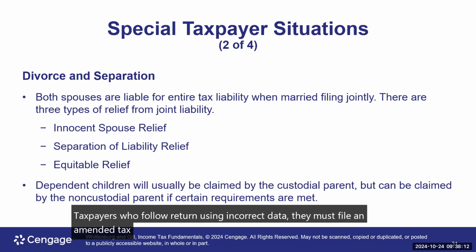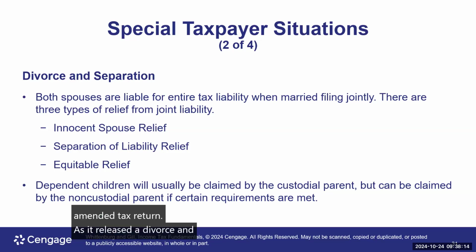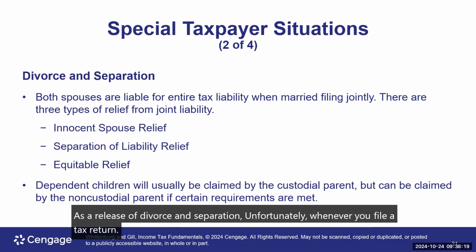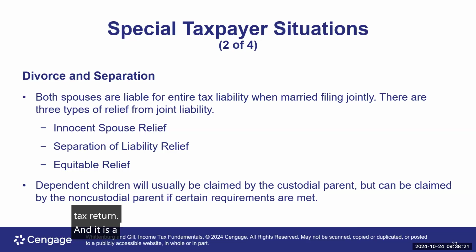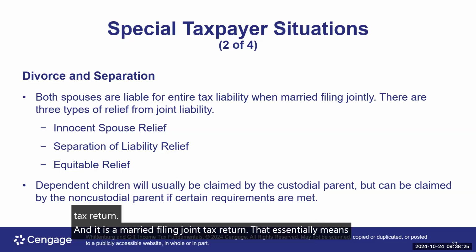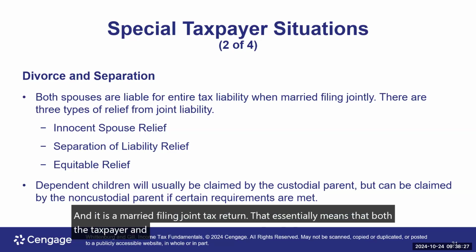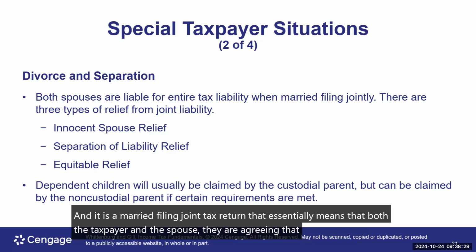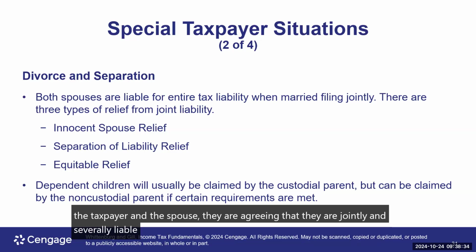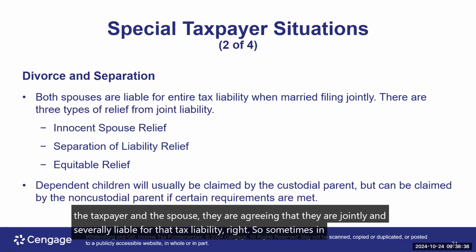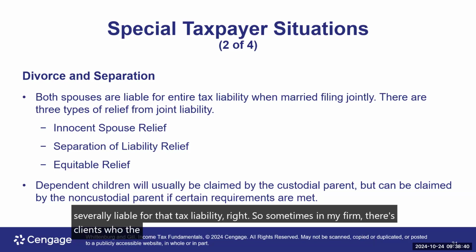As it relates to divorce and separation, unfortunately, whenever you file a married filing joint tax return, that essentially means that both the taxpayer and the spouse are agreeing that they are jointly and severally liable for that tax liability, right? So sometimes, in my firm, there are clients where the taxpayer works and the spouse doesn't.